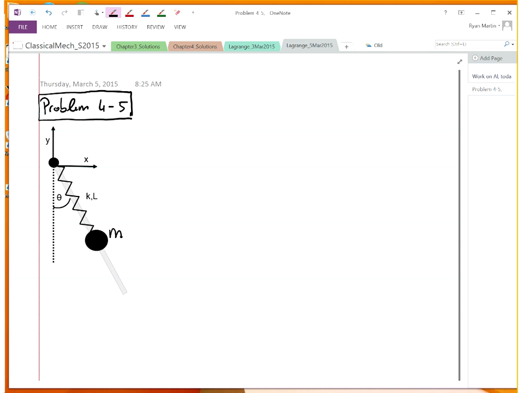So the first step is to identify the number of degrees of freedom. And so we have 2 degrees of freedom. So you could choose the x and y position of the mass, and that's an acceptable choice of degrees of freedom.